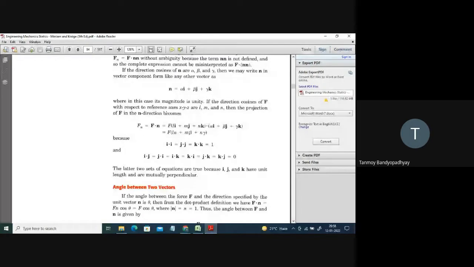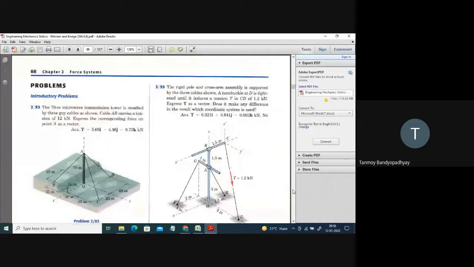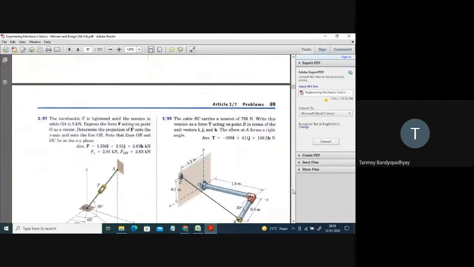সো আমরা একটা প্রবলেম at least করি আজকে, so let's start with any one problem as of today to get an idea of all the things that I discussed.